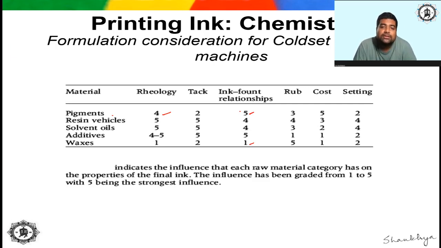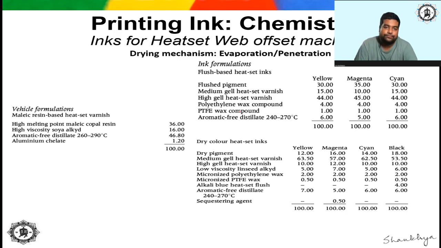If the setting is not quick enough, then there might be problems of set off. Also, the ink should not penetrate the paper or be absorbed so much that show through problems occur, right? So that is why all these components that go into making the ink have influence in determining the various characteristics of the printed ink. Okay. That is why it's important for us to understand.